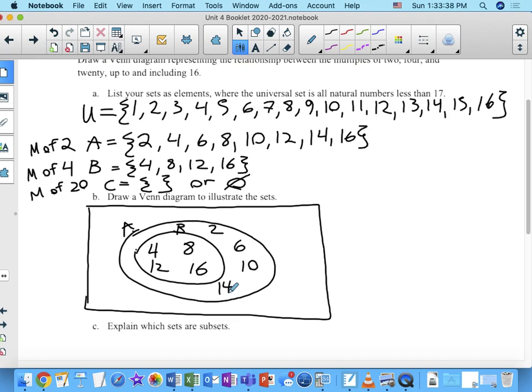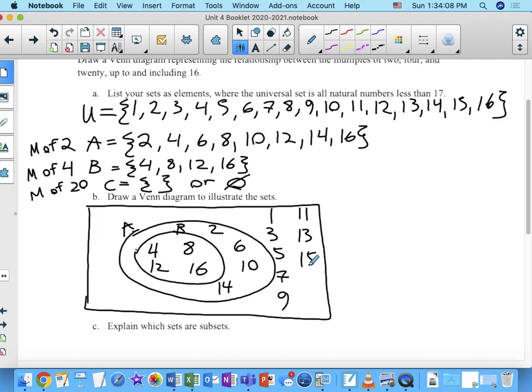Okay? And then everything else that's in the universal set that I haven't already put down on my page yet has to go on the outside. And this happens to be all of the odd numbers. So I'm going to put 1, 3, 5, 7, 9, 11, 13, and 15. Okay? And those all go on the outside.